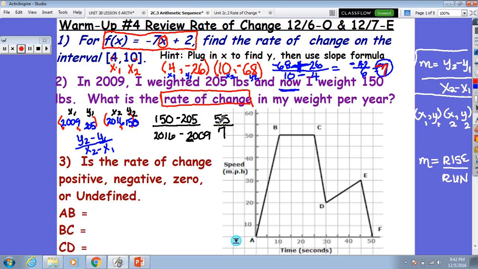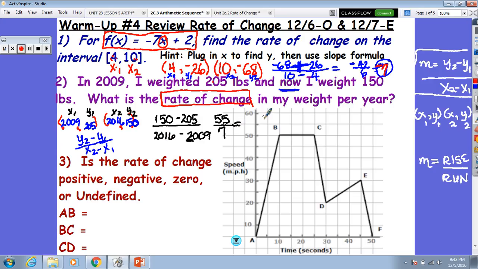Now I know that 7 does not go in 55 evenly, but I would like to see my answer rounded to one place behind the decimal. Okay, so I'm going to put in my calculator 55 divided by 7, and we're going to keep one place behind the decimal.